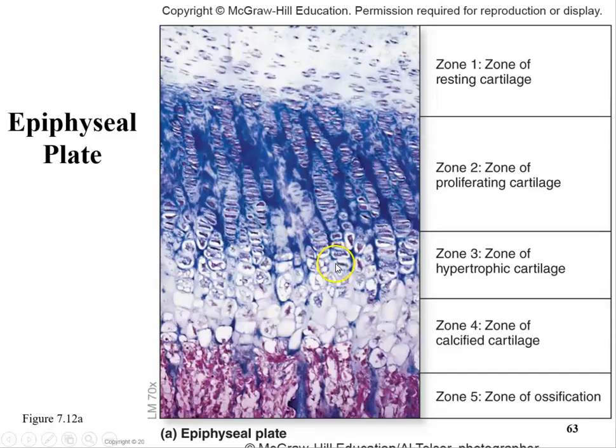So you can see these chondrocytes enlarging, and then they're going to calcify. That's the next step. They become calcified, and those chondrocytes begin to die. Finally, the area ossifies, so the hydroxyapatite gets laid down over the collagen fibers, crystals form, and you have your bone matrix.